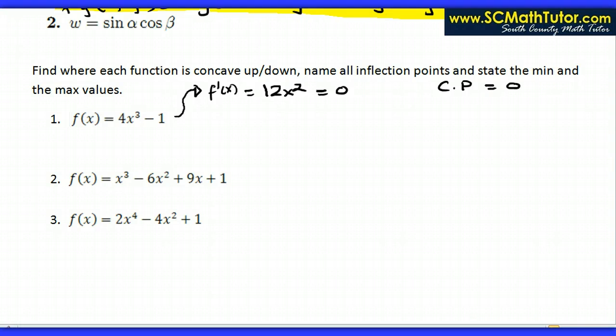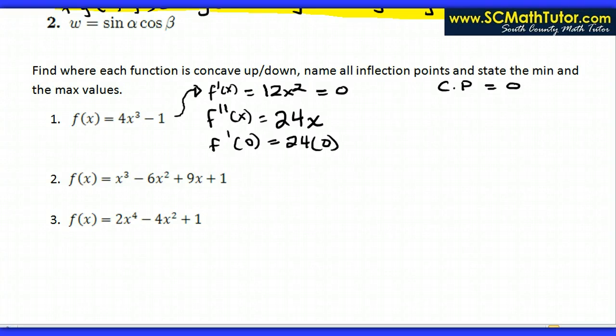Now find the second derivative and do the concavity test. Second derivative test. The second derivative is 24x. The second derivative at the critical point is 0, because 24 times 0 is 0. So you can't really tell; the second derivative test fails.